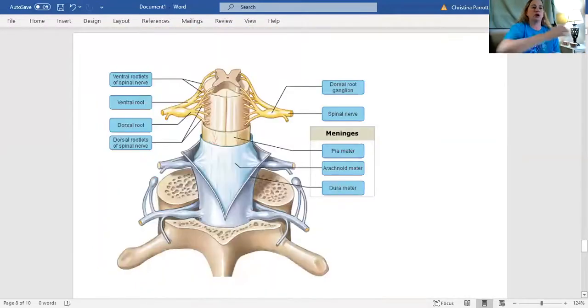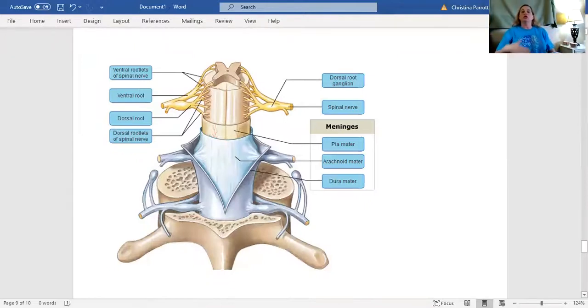If you remember from when we were talking about the brain, you had 3 meningeal layers. You had the dura mater, the arachnoid mater, and the pia mater. You have those three meninges also around the spinal cord. They just go from the brain all the way down the spinal cord. And you'll see in this picture here, you can identify the tough mother.